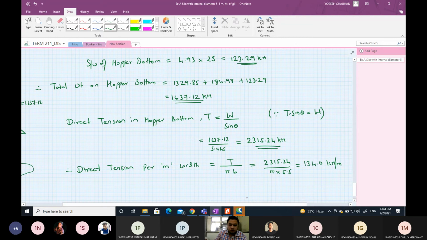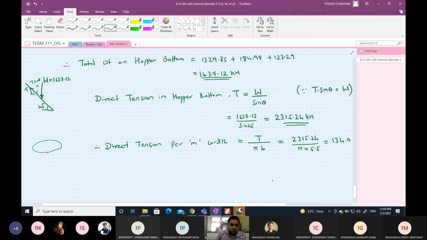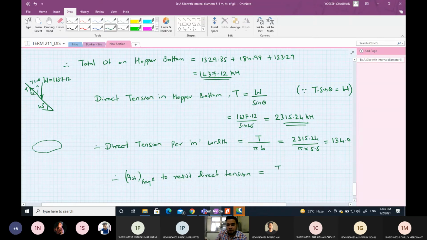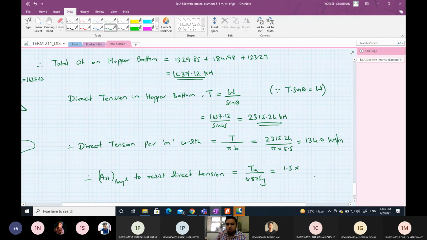Okay, so you can find the steel required. Therefore, AST required to resist this direct tension will be equal to the factored value of this, that means TU divided by 0.87 Fy, that means 1.5 into T divided by 0.87 Fy.